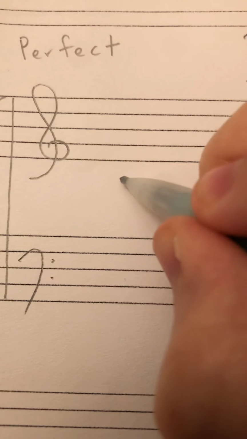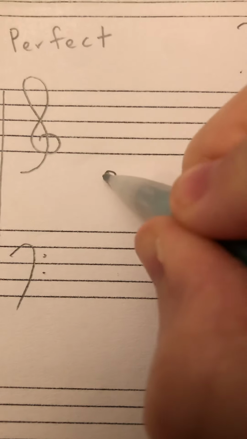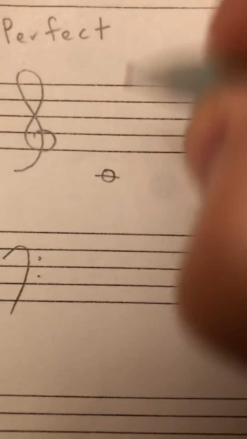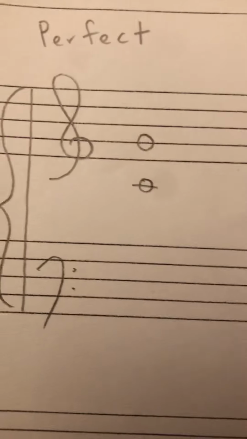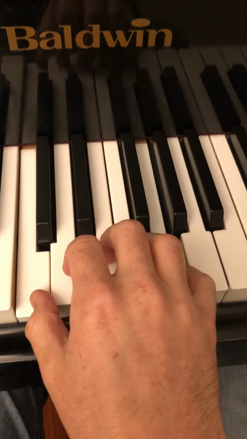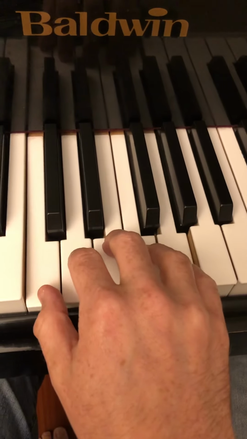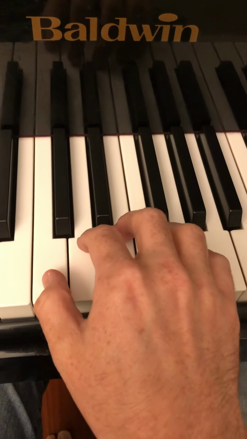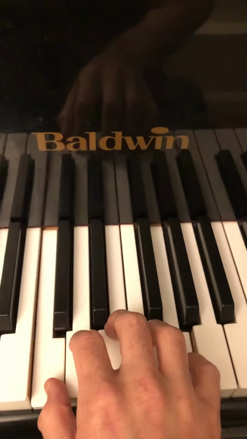I'm going to use C major, basically. So this is a perfect fifth, okay? It's a perfect fifth because it's 1, 2, 3, 4, 5. The 1 starts here and the 5 ends here.